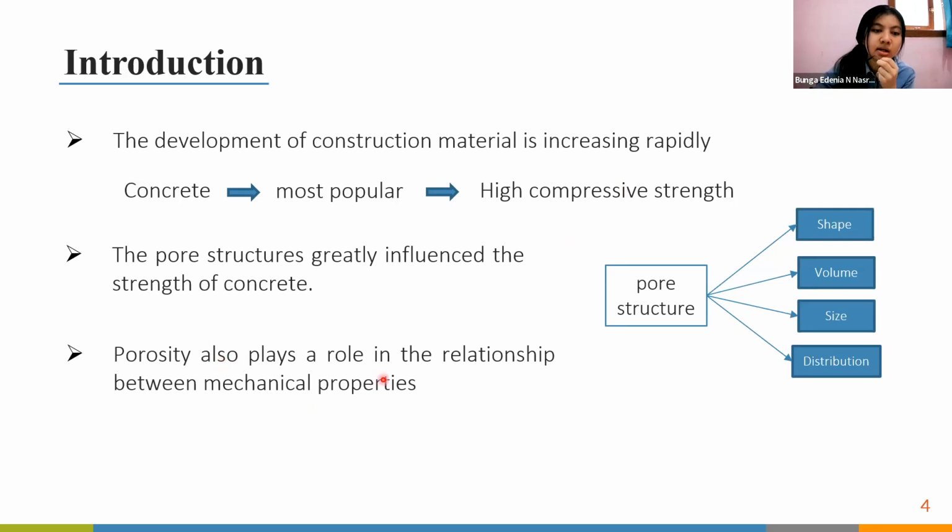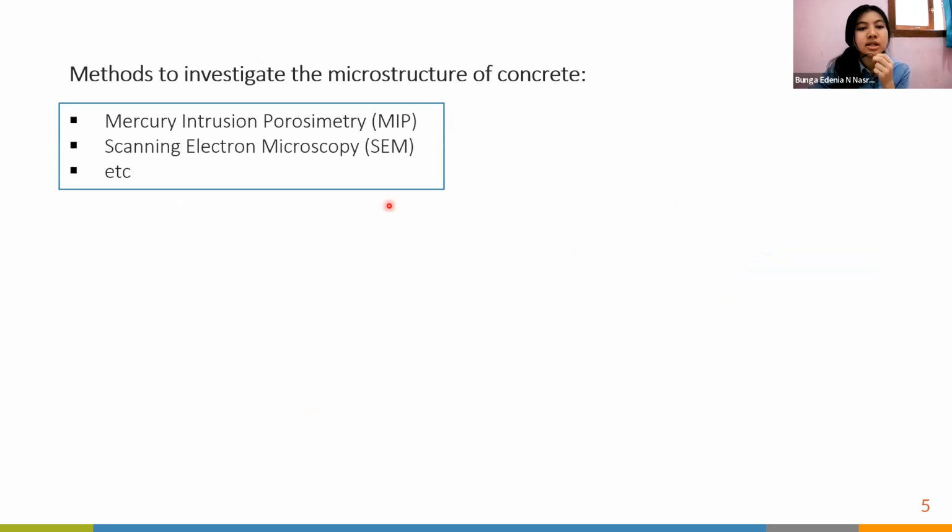Another important thing to note is that the porosity also plays a role in the relationship with mechanical properties such as compressive strength. And so there are several methods that we can use to investigate the microstructure of our construction material. For example, mercury intrusion porosimetry or MIP, and then scanning electron microscopy or SEM. However, these methods have limitations.